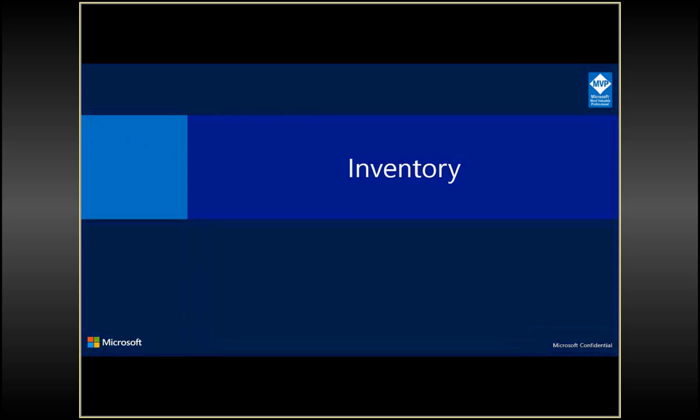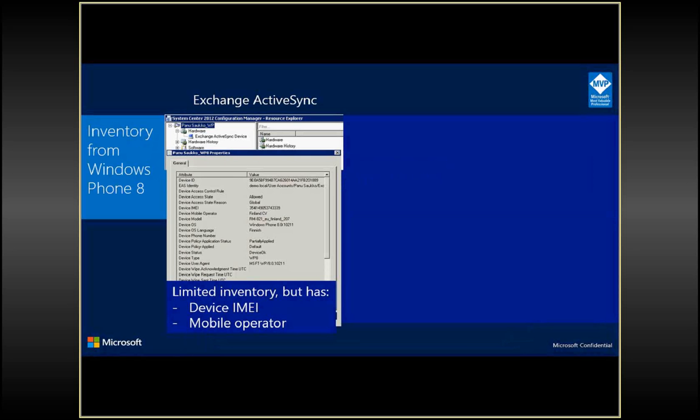So what does the inventory look like then? If we first go to the ActiveSync, inventory is quite limited. What do you get? You get what the OS is in your Windows Phone.